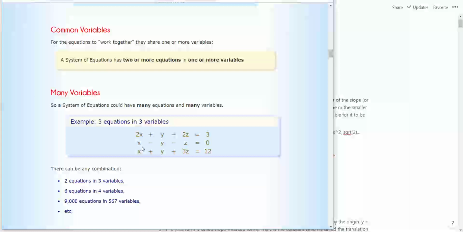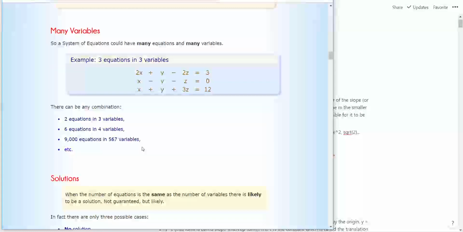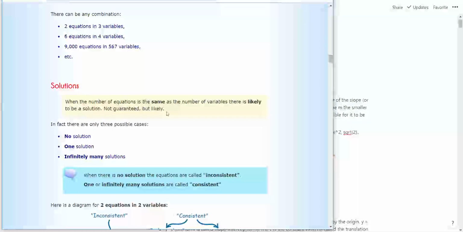There can be any combination, like six equations in 4 variables. When the number of equations is the same as the number of variables, there is likely to be a solution. Not guaranteed, but likely.